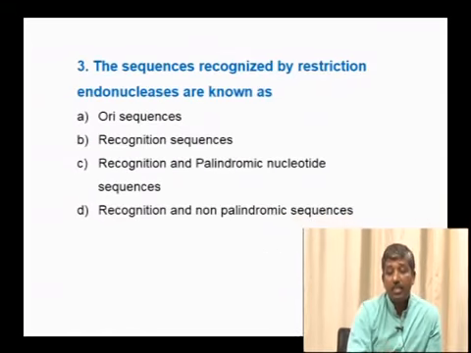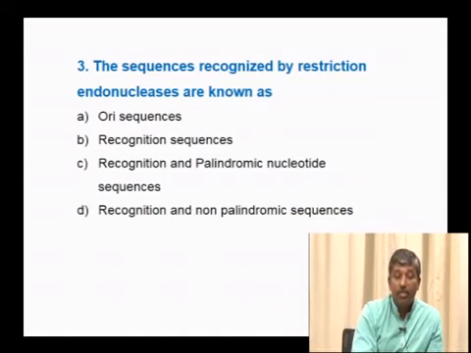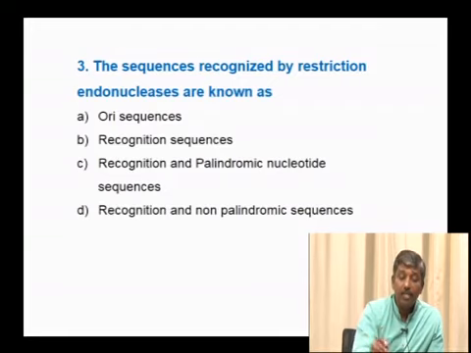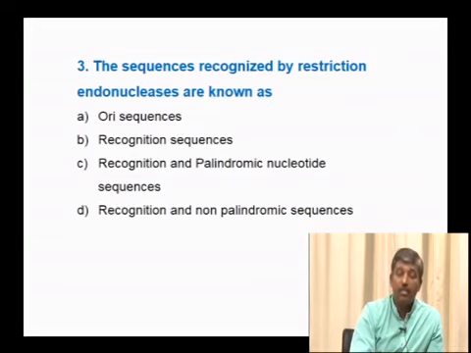The sequences recognized by restriction endonucleases are known as. Restriction endonucleases are the enzymes which cut the DNA at specific sites. These specific sites are the recognition sequences and palindromic nucleotide sequences. Some restriction enzymes cut the DNA within their recognition sequence.